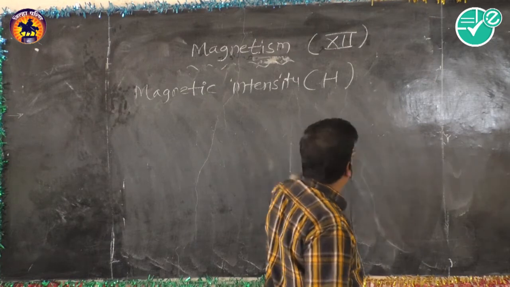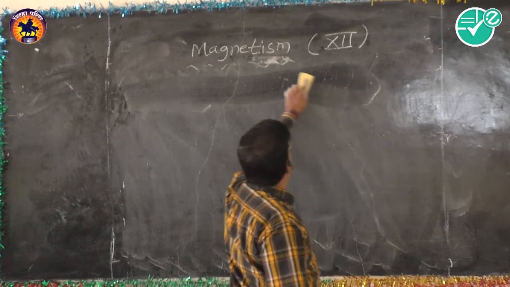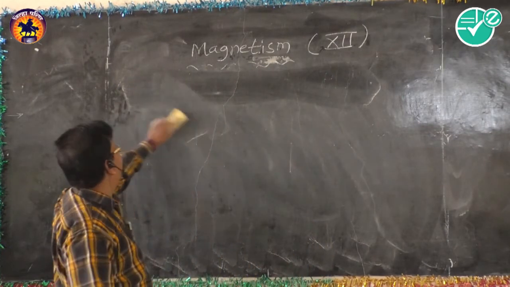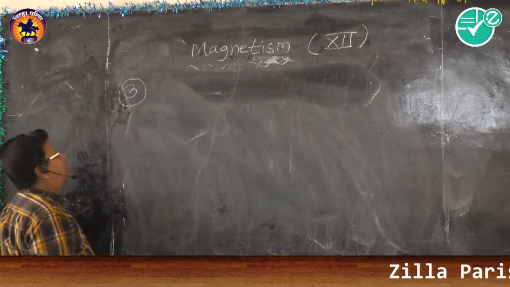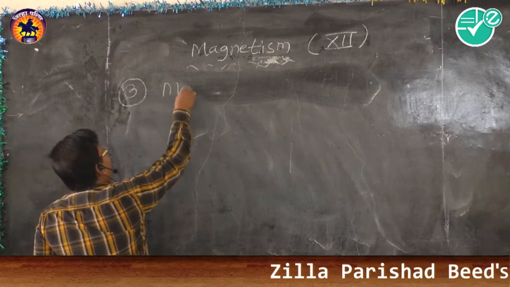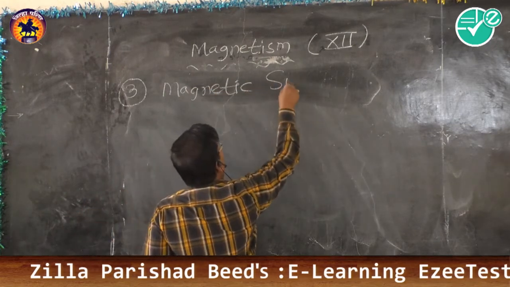Now today, the third magnetic property of matter we are going to study is called magnetic susceptibility.